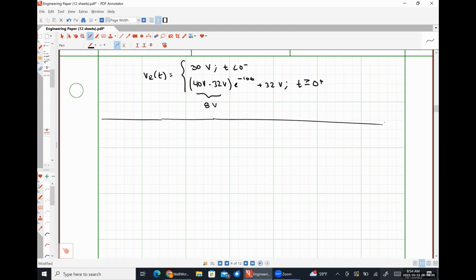All right, so here is our circuit of interest. Let's say that we have a 16-volt source. Our resistor here is going to be 2 kilo ohms. Here we have a capacitor that is 25 microfarads. This will be our capacitor voltage, Vc of t.